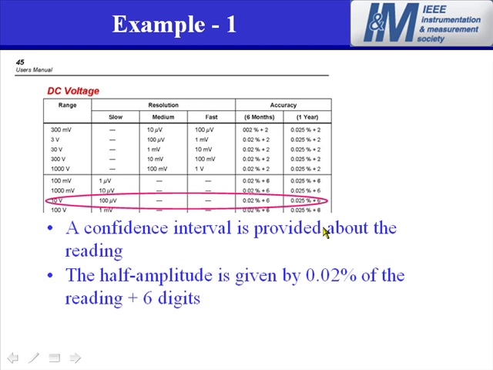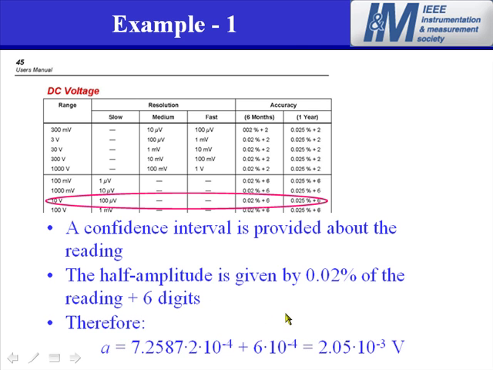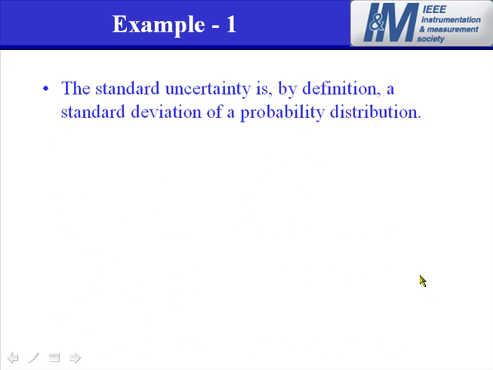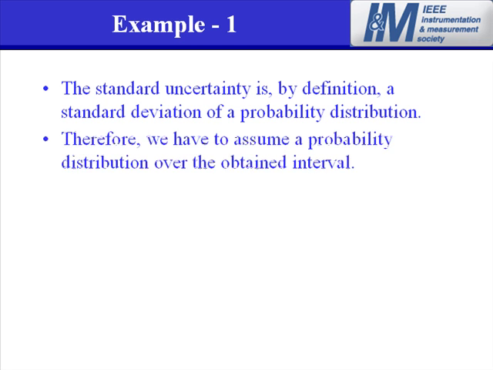The manufacturer's specifications in this case provide an interval about the reading whose half amplitude is given by 0.02% of reading plus 6 digits. Therefore, we can compute this half amplitude A as shown in this slide. Now, according to our considerations, we have to evaluate a standard uncertainty, that is, a standard deviation of a probability distribution.